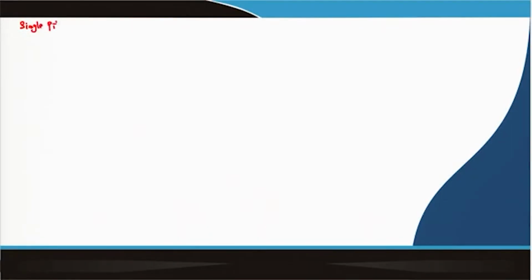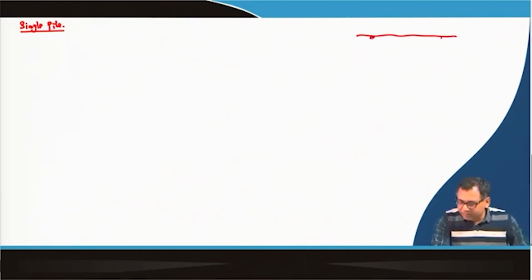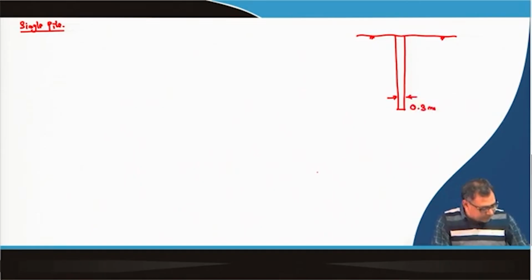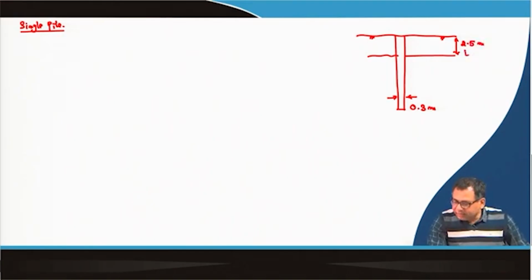Okay, the single pile, we have that profile. Suppose this is the pile whose diameter is 0.3 meter, with uniform cross section, and the fill zone is 2.5 meter thick. That means L_C is equal to 2.5 meter.